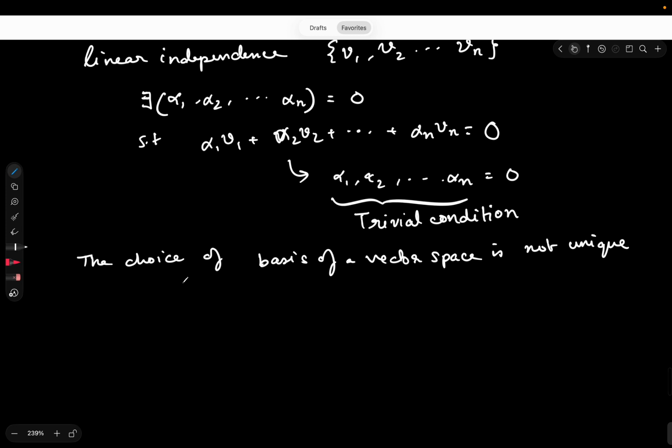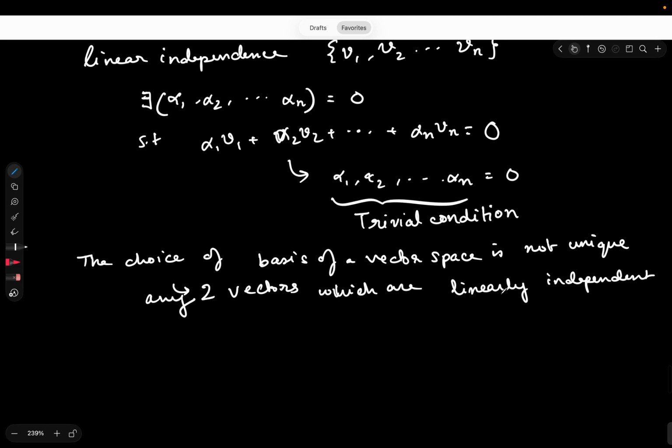For that matter, if we find any two vectors which are linearly independent, they can become the basis of R2.